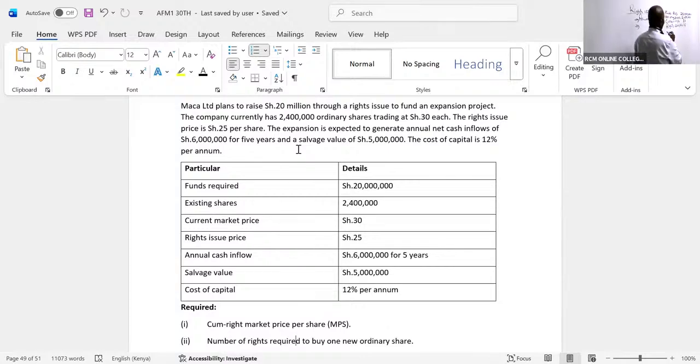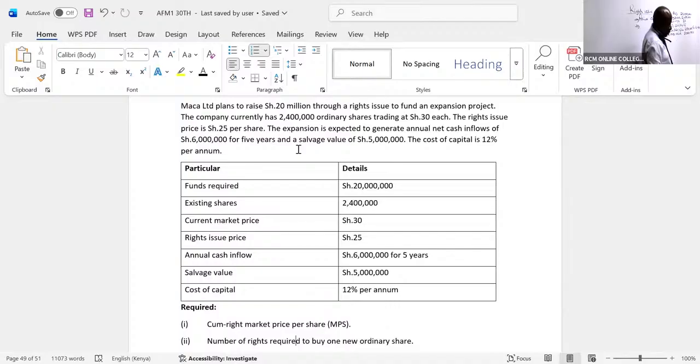Annual cash inflow. We have 6 million for 5 years. Then we have a salvage value of 5 million.